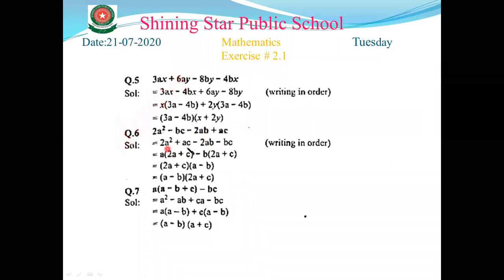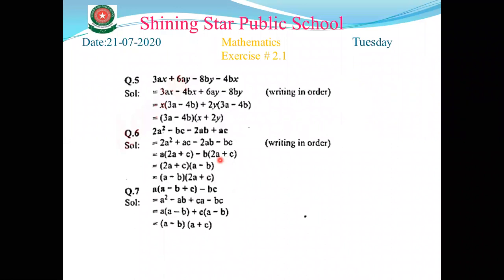Now from these two terms we can take common a. So 2a plus c, and from these two terms we can take common b, but with minus sign, because in the first step we have 2a plus c. So that's why we must have in this bracket 2a plus c. So when we take the common minus b, it becomes 2a plus c.